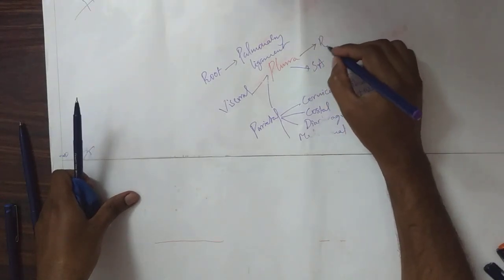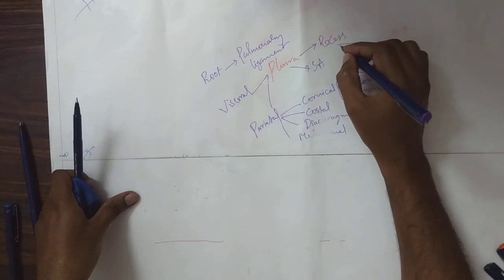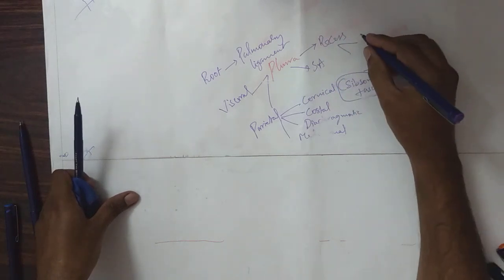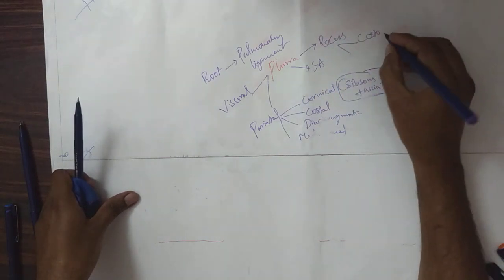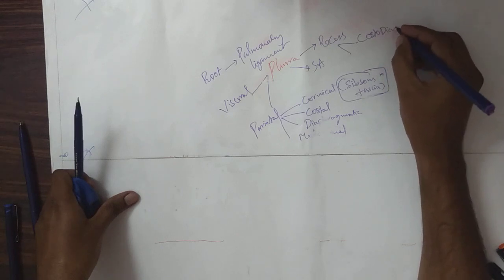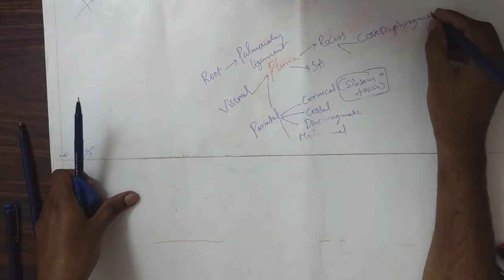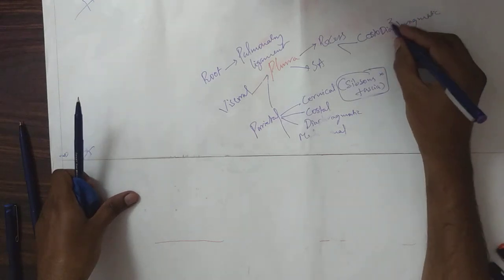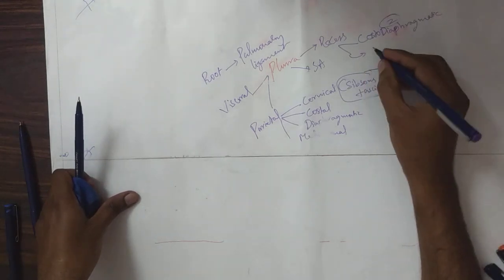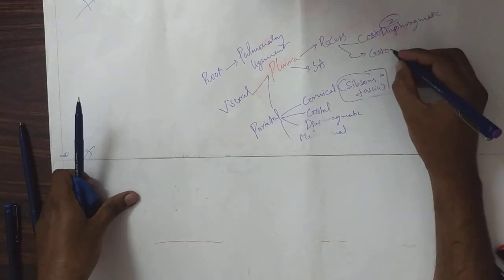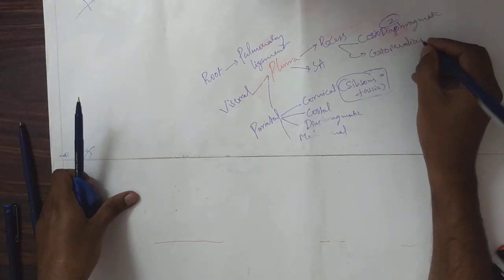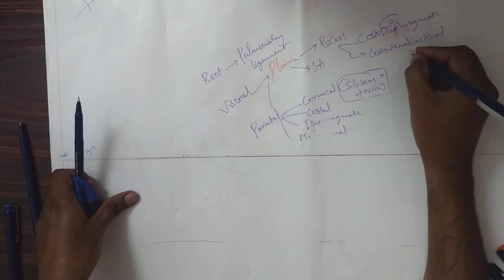Then we have the recesses. What are the two major types of recesses? Costo-diaphragmatic recess, both on the right and left, so these will be two. Then costo-mediastinal recesses, these are again two.